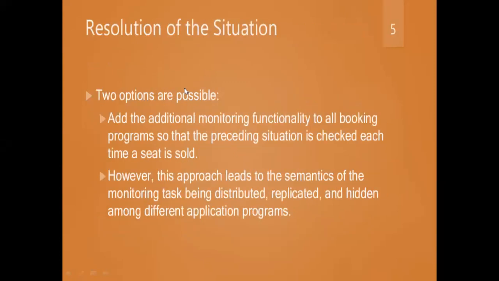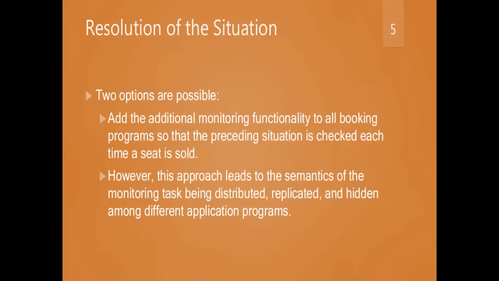Two possible approaches exist in traditional databases. The first is to add additional monitoring functionality for all bookings, so that the preceding situation is checked each time a seat is sold. That means arranging a client that tracks all the booking details and seat availability.